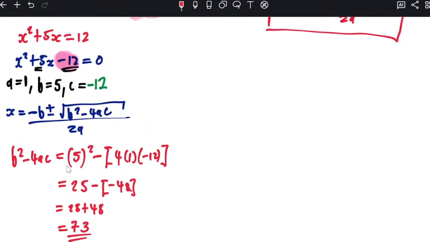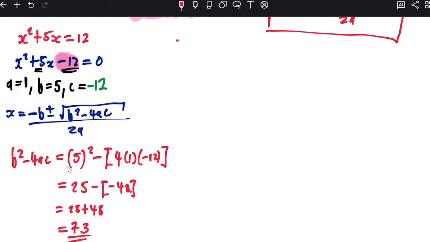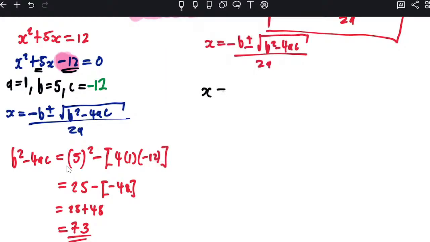Now you write x again: x is equal to minus b, which is minus 5, plus or minus the square root of b squared minus 4ac, which we got as 73, over 2a, which is 2 by 1.